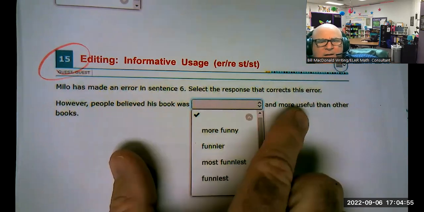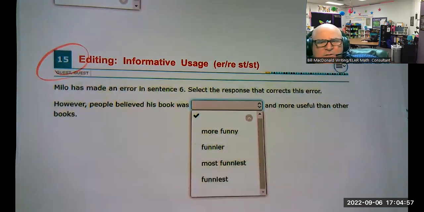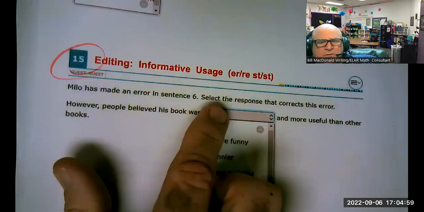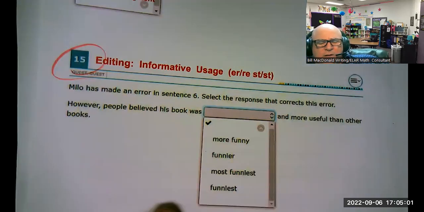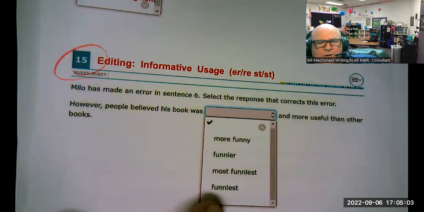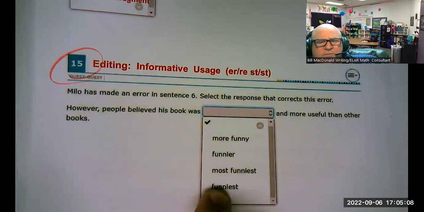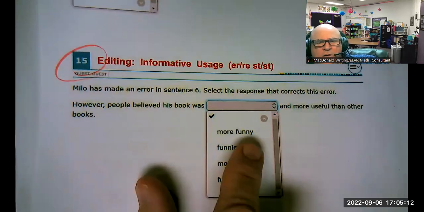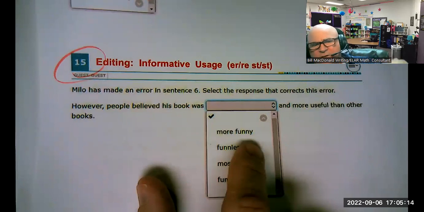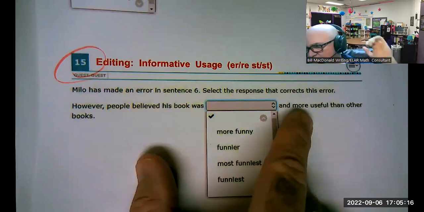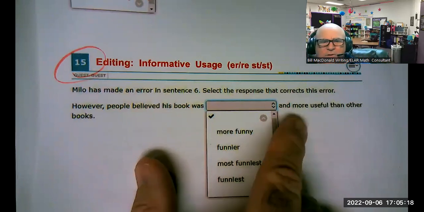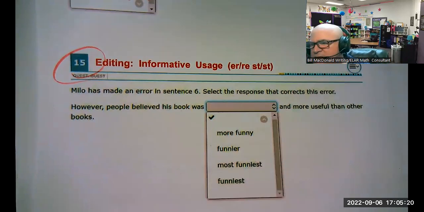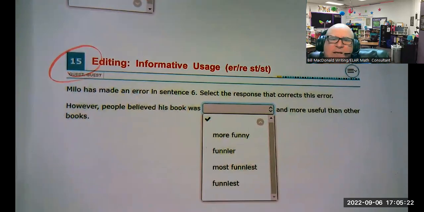So then it was funniest and more useful, and again, that's an extreme, that's superlative. We don't put superlative with comparative. It was funnier, ER, and more, ER, useful than other books. So the best one was the word funnier.